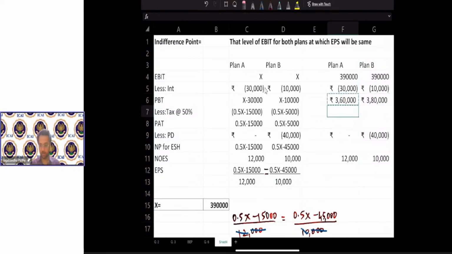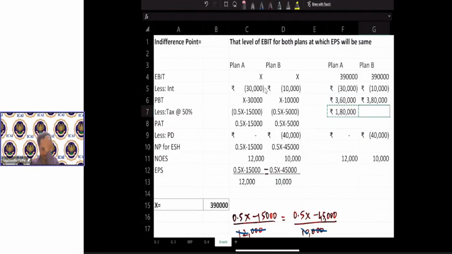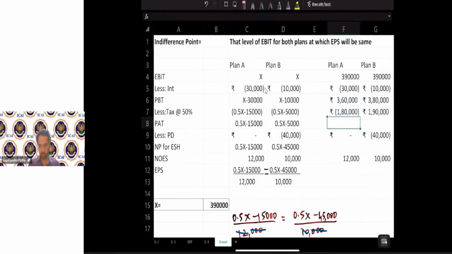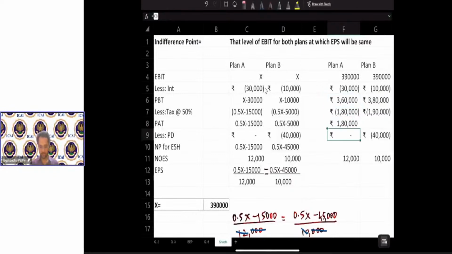Then you have a tax which is at the rate of 30%, sorry, 50%. We have this 50% tax rate, right? And then the PAT is 3,60,000 plus this.